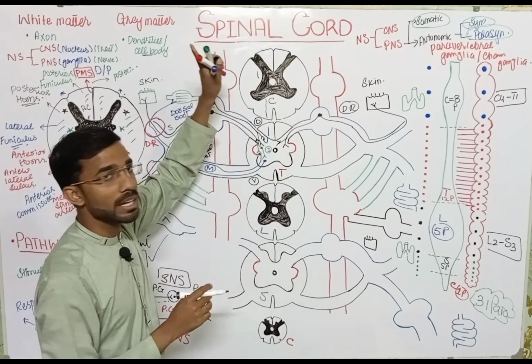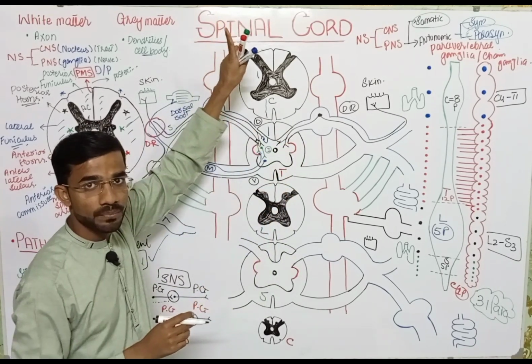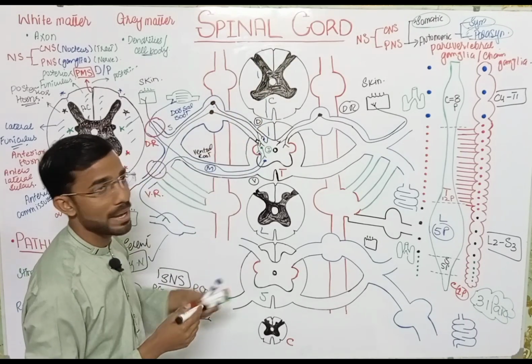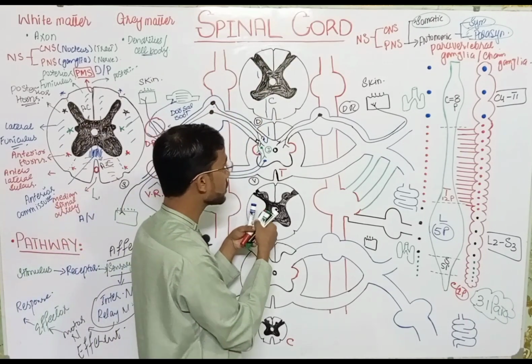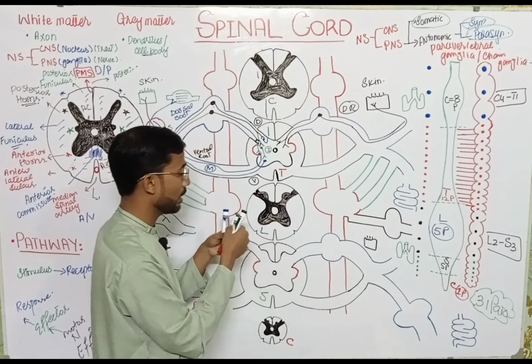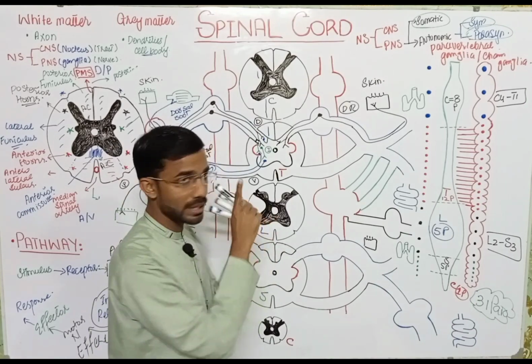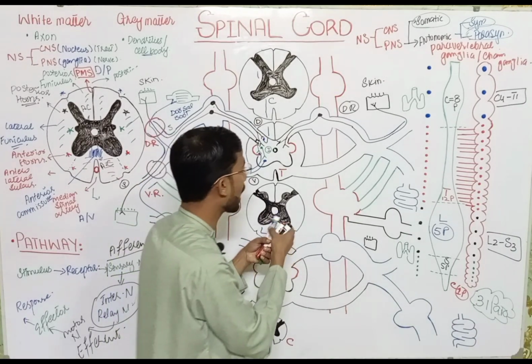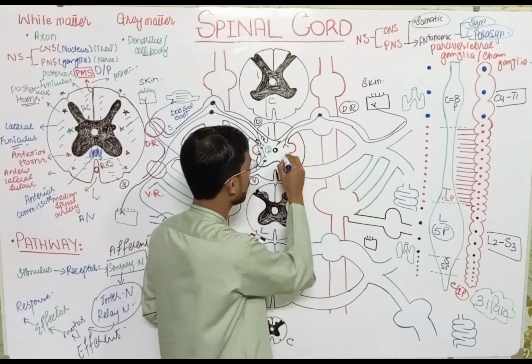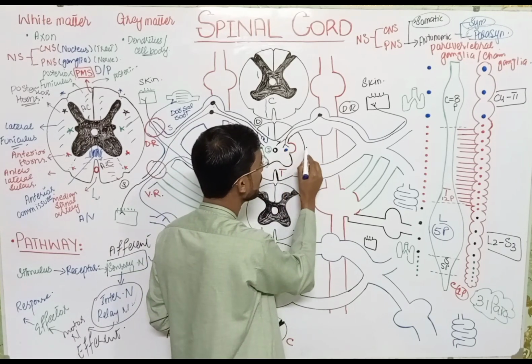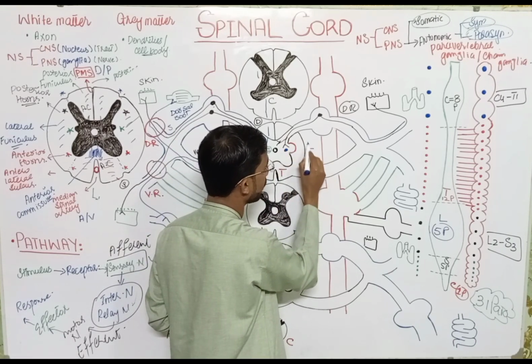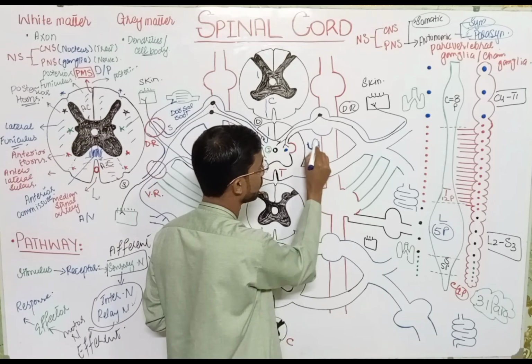Okay, now the message reaches here, and it has, let's suppose, two branches. One branch carries a message toward the brain for processing, and after the processing, you will see the nerve arise from the lateral horn.